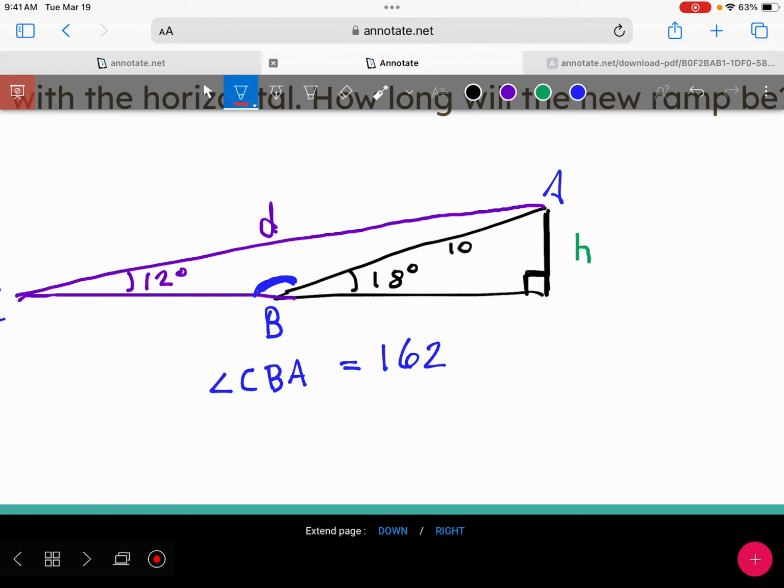Do we know angle C? Do we know side C? Because we know this one, it's 10. So do we need to know anything about A? No. Side C is the one that's across from my angle. So side C is the length of this old ramp here, 10.